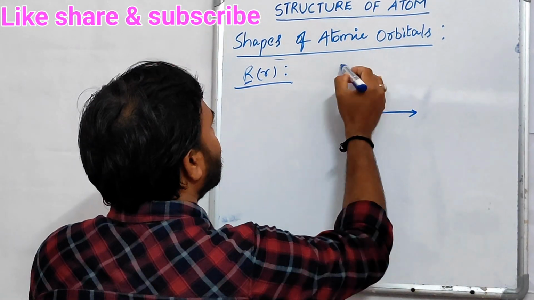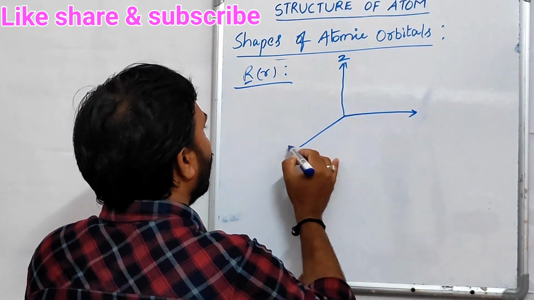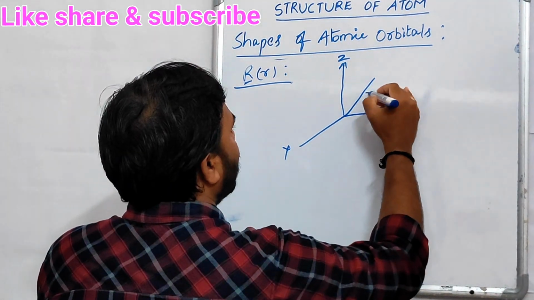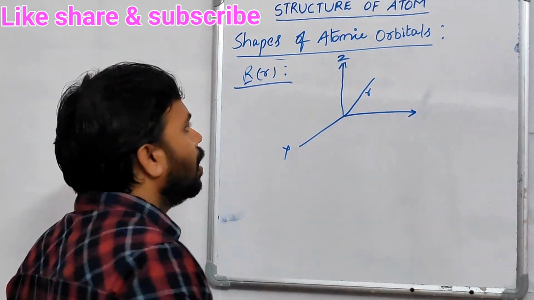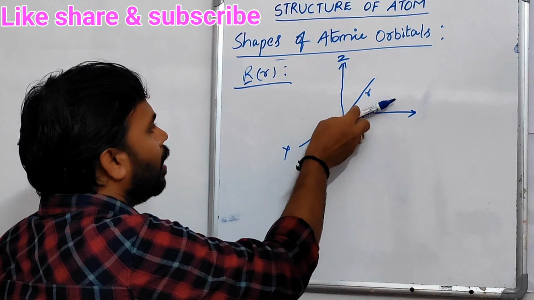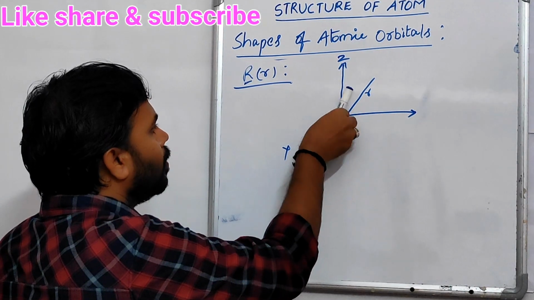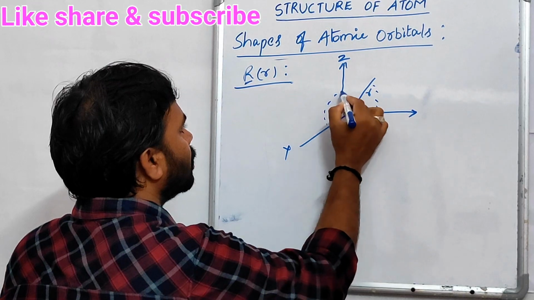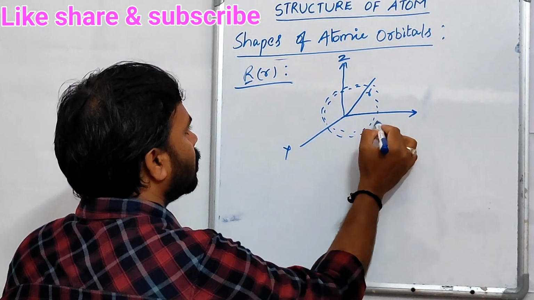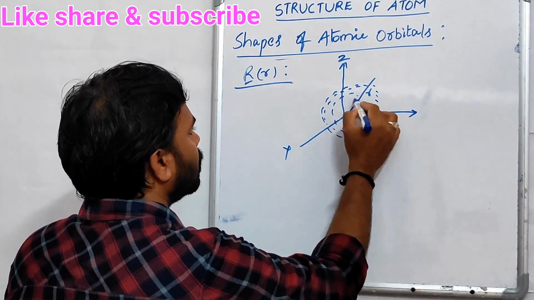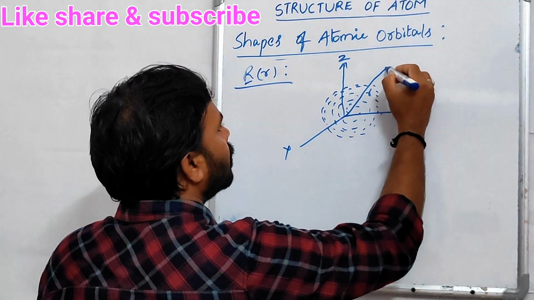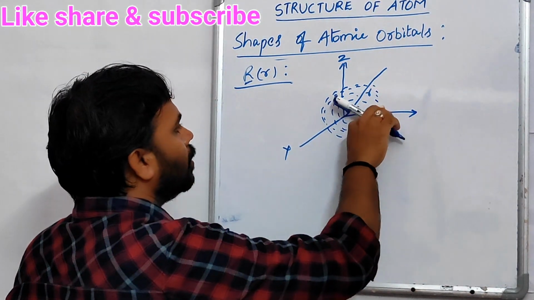And let's understand. X-axis, Z-axis, Y-axis in three-dimensional space. This is the radius R. Now, I am moving this radius R in all directions. It gives me information about where the electron density is present. And I am increasing the radius and moving in all directions.